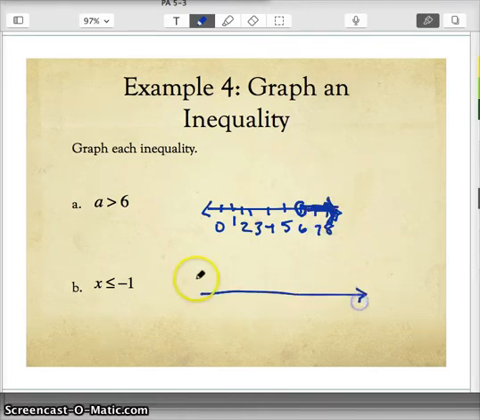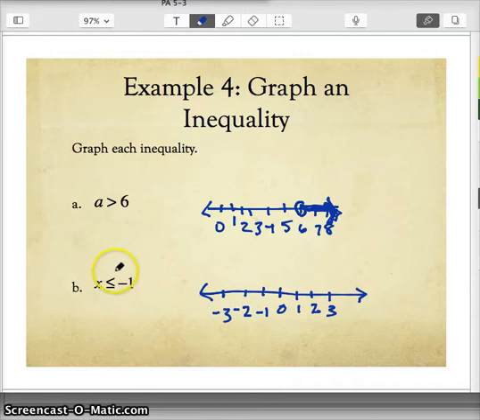In this example, we're comparing x, and we're saying that x is less than or equal to -1. Again, I'm going to jot down some numbers on my number line just so you can get the orientation. As I do that, I'm thinking about how I'm going to display this. This says that x is equal to or less than -1.